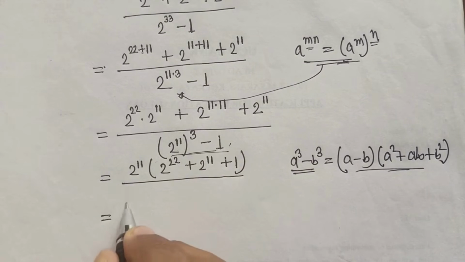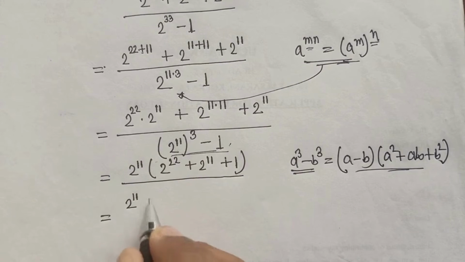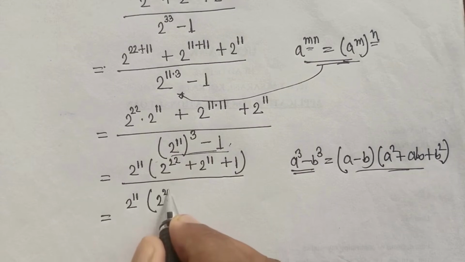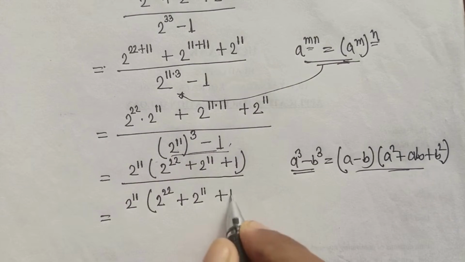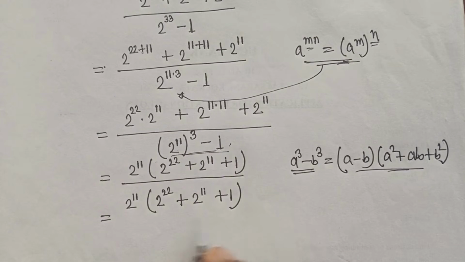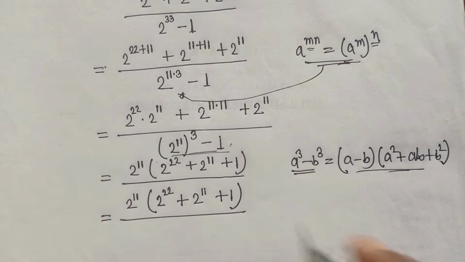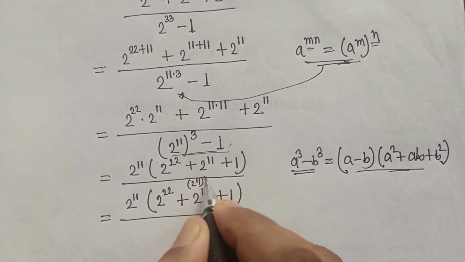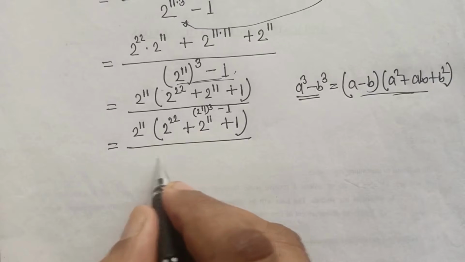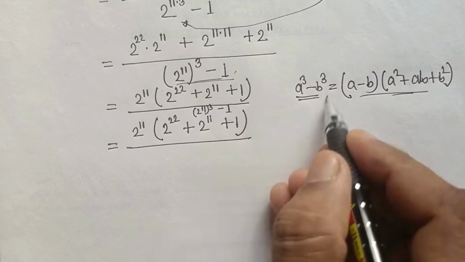So if we apply this, we get 2 to the power 11 into 2 to the power 22 plus 2 to the power 11 plus 1 by, sorry, we forgot to write here 2 to the power 11 to the power cube minus 1, sorry for that. Okay, so now we are applying this formula here.